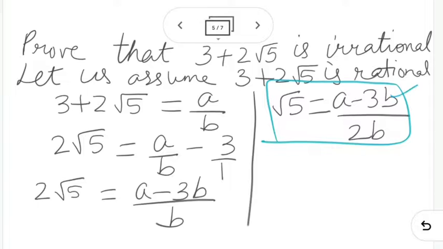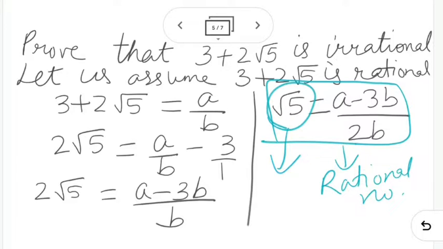So when we subtract them and write A minus 3B upon 2B, we know that when we add, multiply or subtract anything from integers, again we get integers only. So root 5 is shown here in P by Q form, or you can say rational number form. So what we can say, that the right side shows rational number, but we know root 5 is irrational.